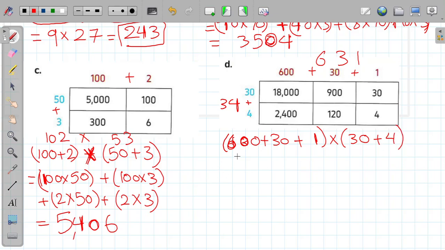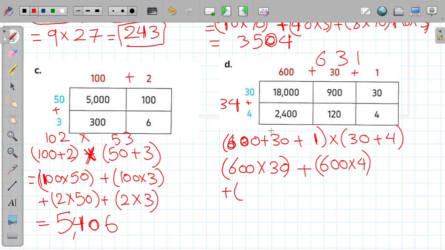So 600 times 30, the first one times the first one, and the first one times the second one. So I will say 600 times 30 plus 600 times 4.